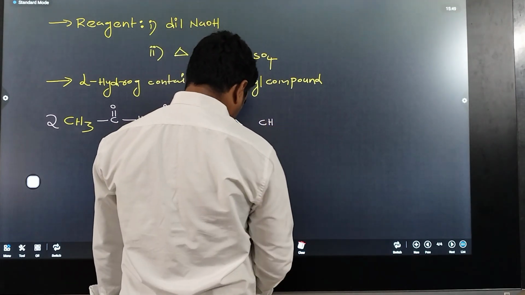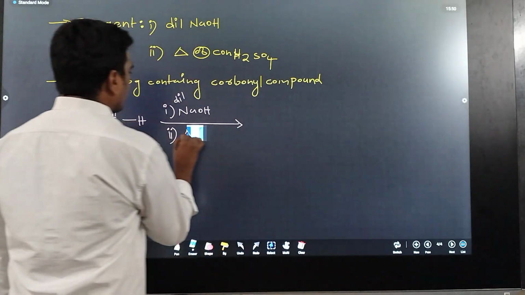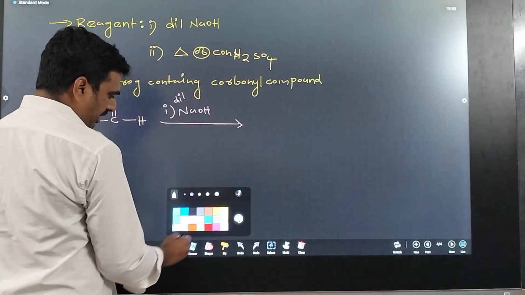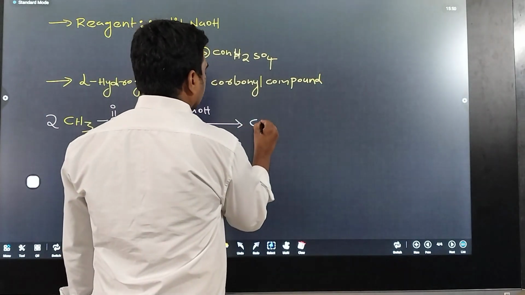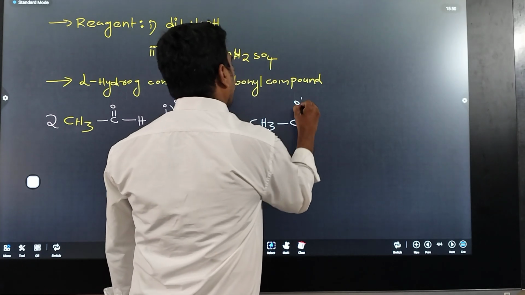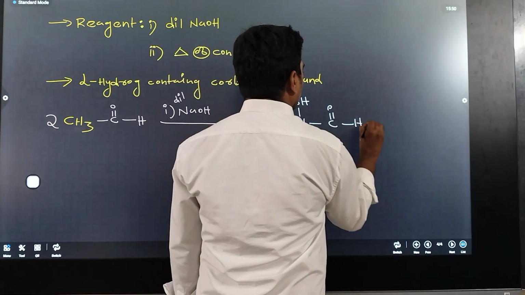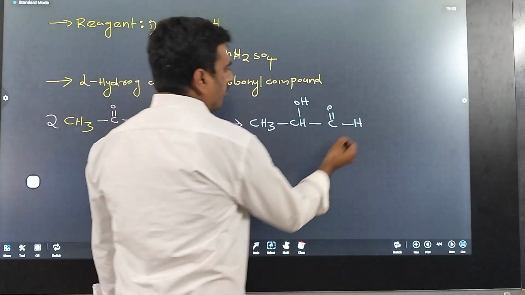First I use dilute NaOH. So we get CH3 CHOH CH2 C double bond O H. This is the functional group.